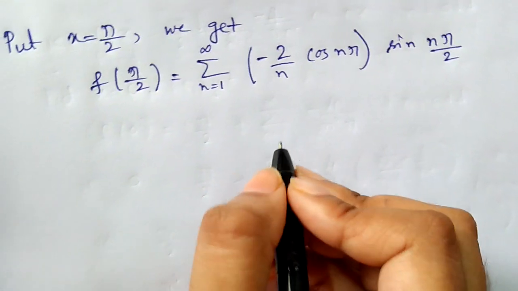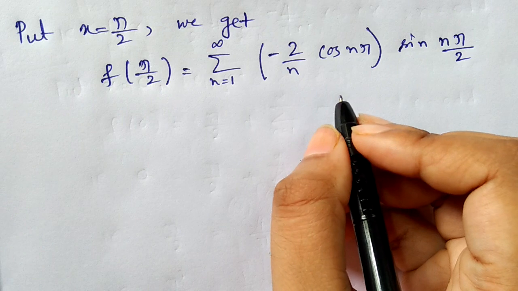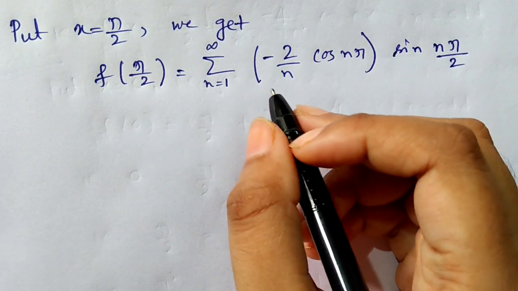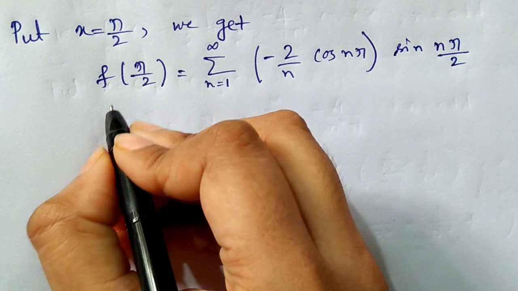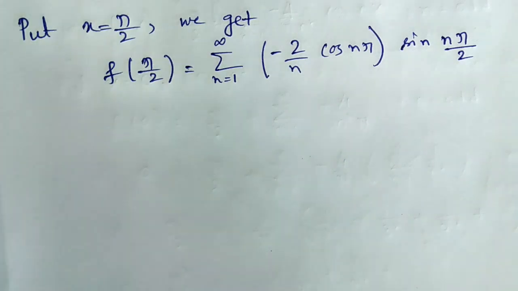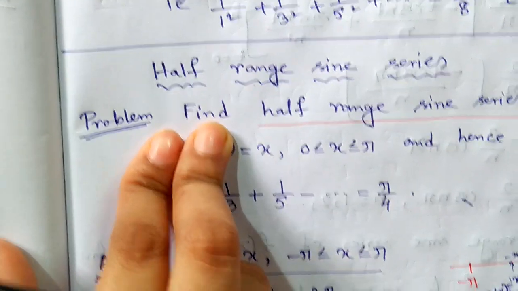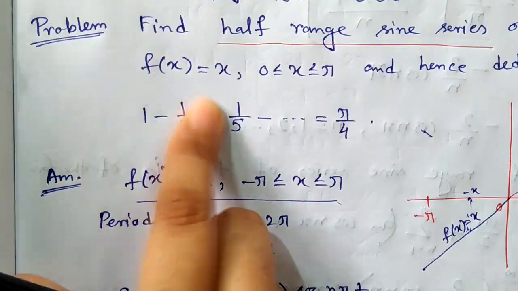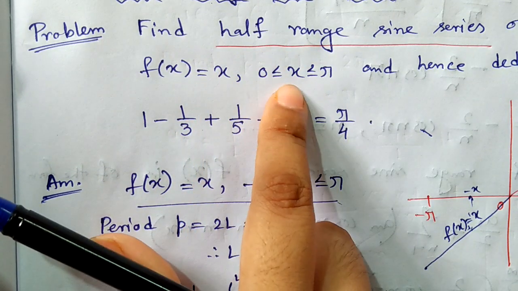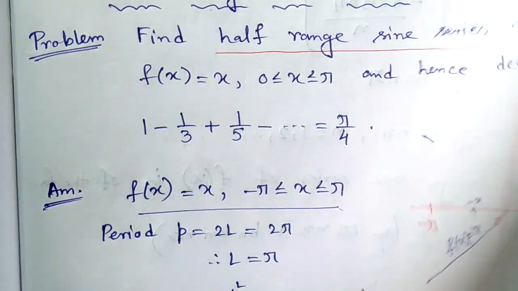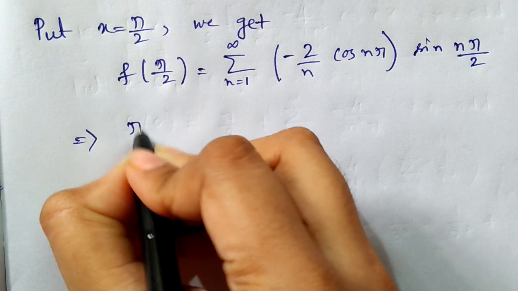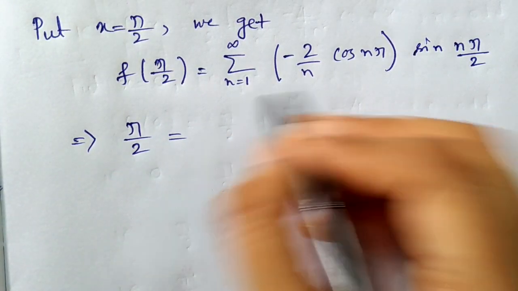Okay, now we have to split up this summation. So f of pi by 2, what is the value of f of pi by 2? Again see the function, this is your fx equal to x function for 0 to pi. So for pi by 2, the function value will be pi by 2. So this implies this will be pi by 2 equal to this sum.